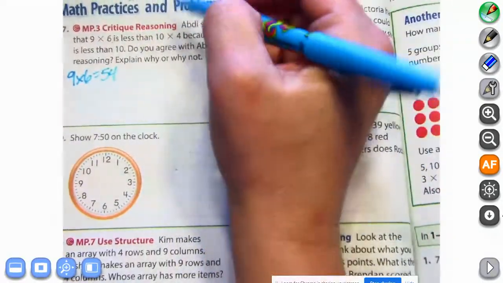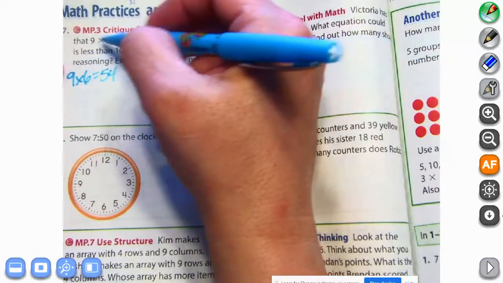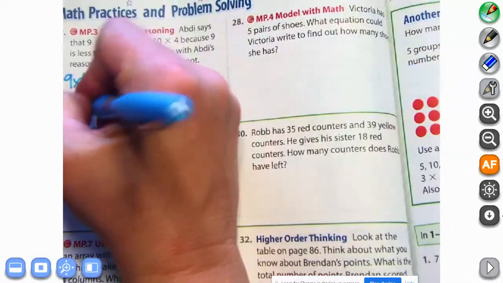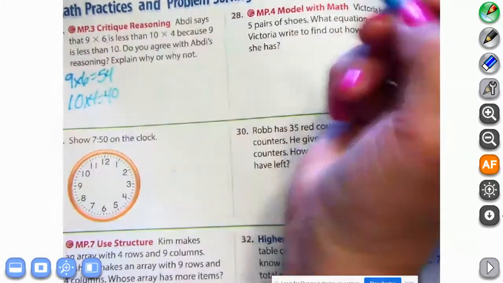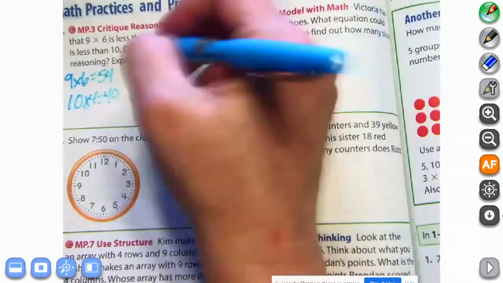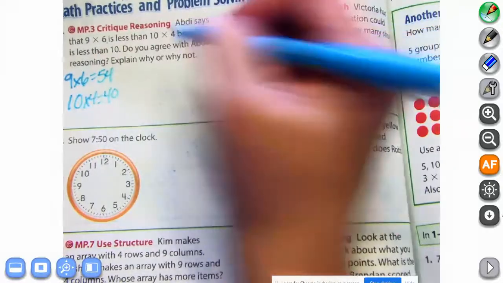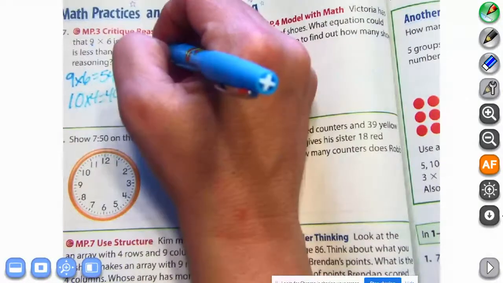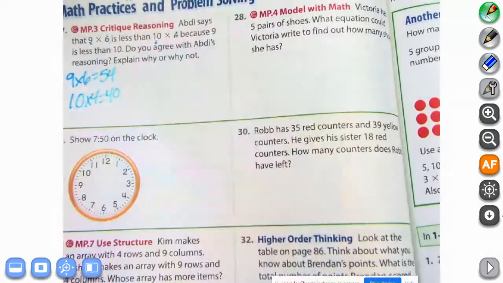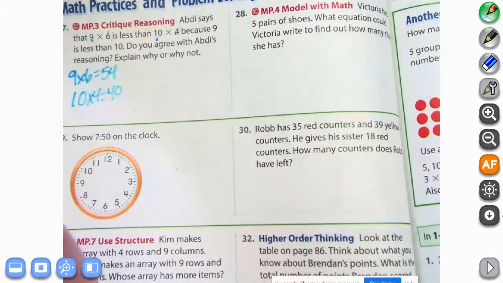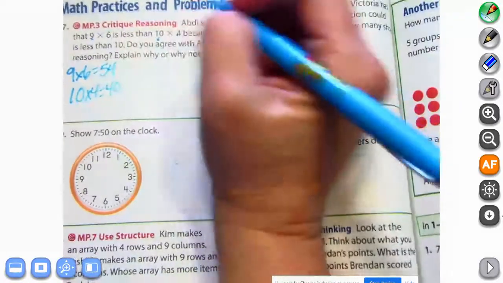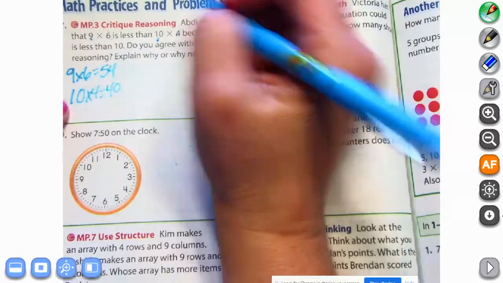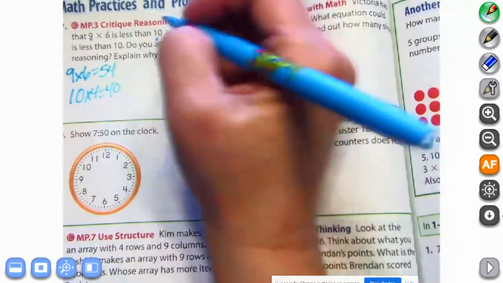And then Abdi says that 9 times 6 is less than 10 times 4. 10 times 4 would equal 40. But without all of that, how do you know if he's right or not? We can tell he's wrong because even though this is 1 less, this is 2 more. So Abdi says that 9 times 6 is less than 10 times 4, but no, it's actually more.